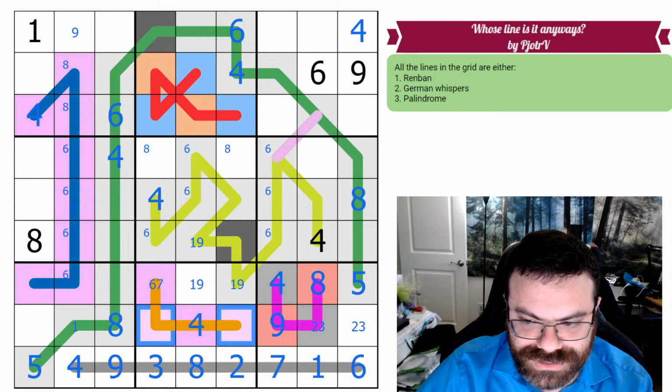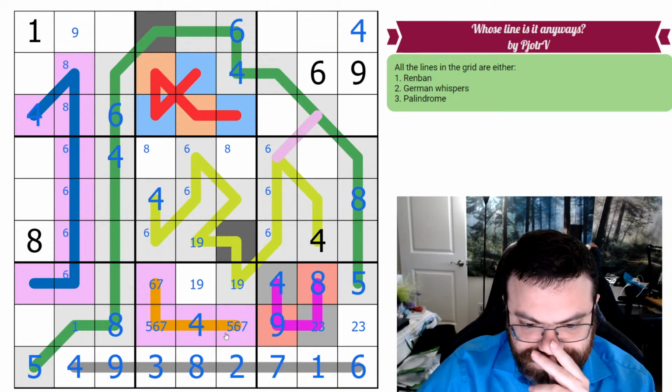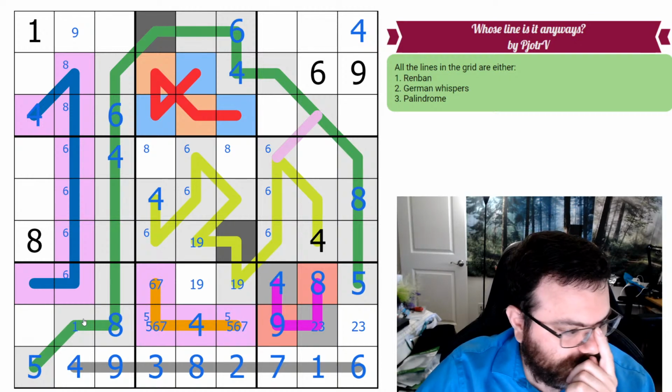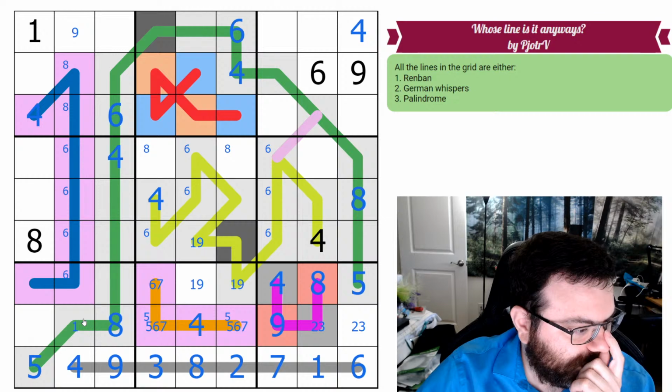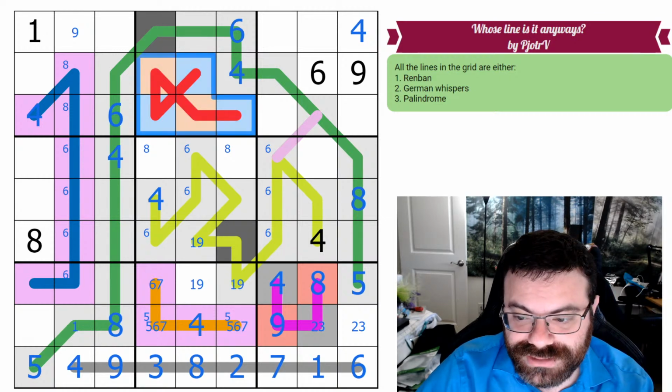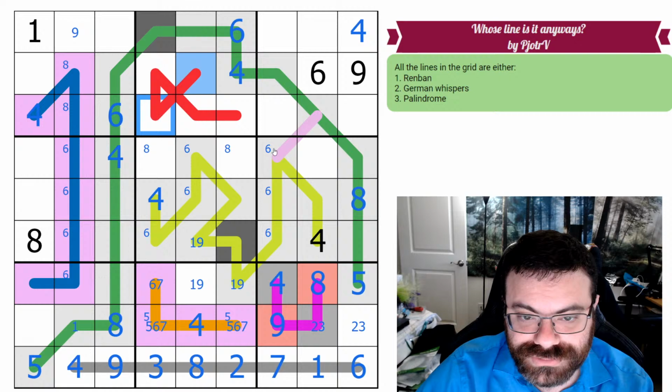I don't need that because we just know this is 5, 6, 7. There's a 5 in one of these two, though. Oh, this line doesn't go the way I think it does. Blue, orange, blue, orange, blue. Okay.